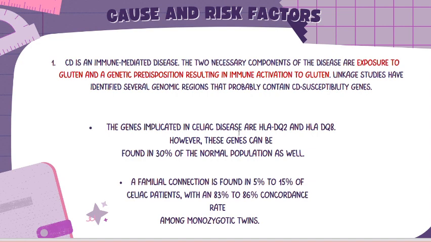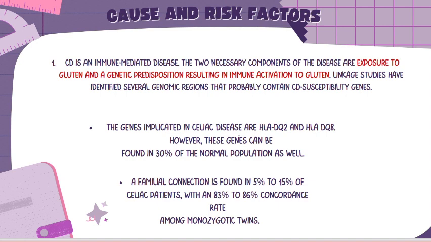A familial connection is found in 5% to 15% of celiac patients, with an 83% to 86% concordance rate among zygotic twins. So, HLA-DQ2 and HLA-DQ8 are specific human leukocyte antigen molecules that are associated with an increased risk of developing celiac disease. These molecules play a crucial role in the immune system by presenting antigens to T cells and regulating immune responses.